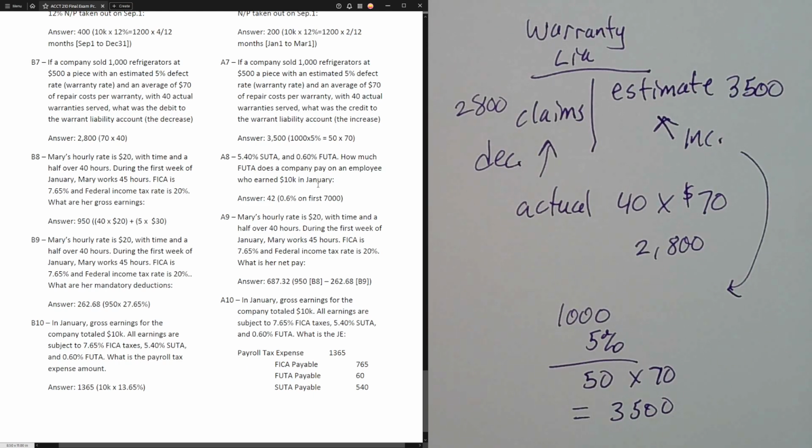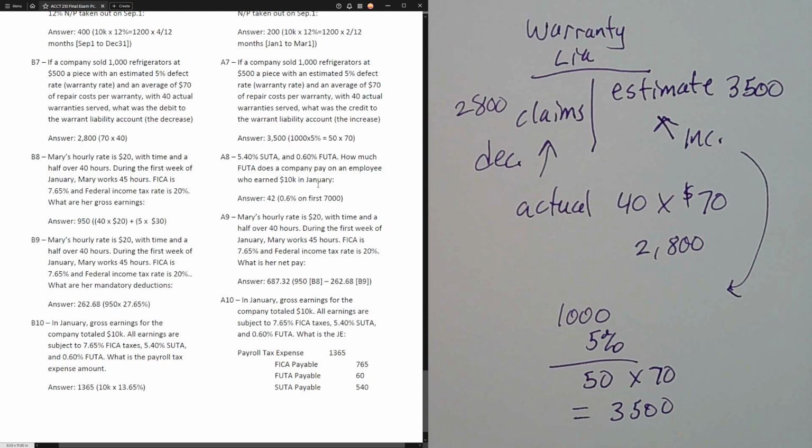Well, $10,000. And then you total all those three together, right? So SUTA and FUTA are 6% together. So I'm not actually asking you to break them out. If you look at B10, I'm just asking what's the total amount. And A10, I'm actually asking you to break them out into a journal entry. So the 1,365 is the same 1,365 in A10. Now I'm just asking you to put the correct journal entry together.